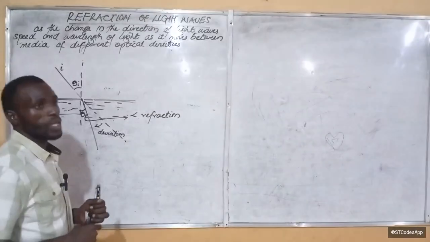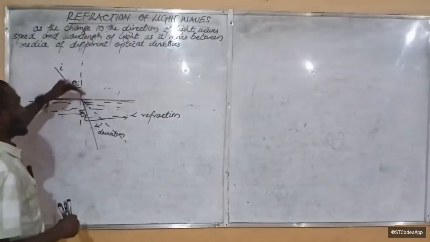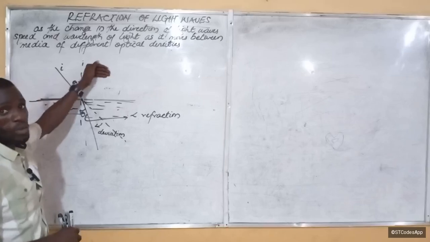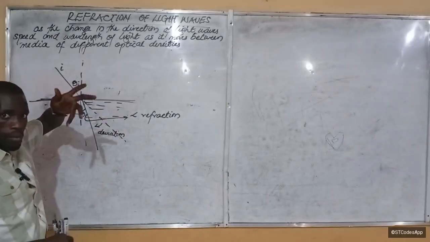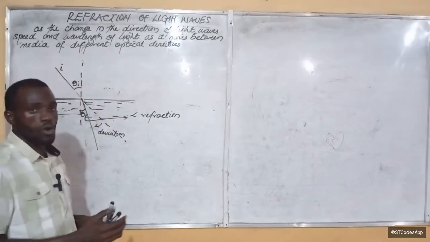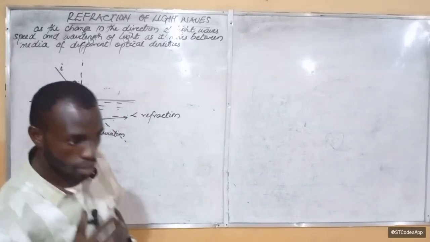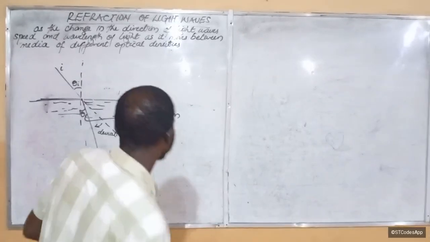Good. Now, if light travels from an optically dense medium to an optically less dense medium, what happens? We are going to see what happens based on the optical densities through which the light moves. We want to examine that.